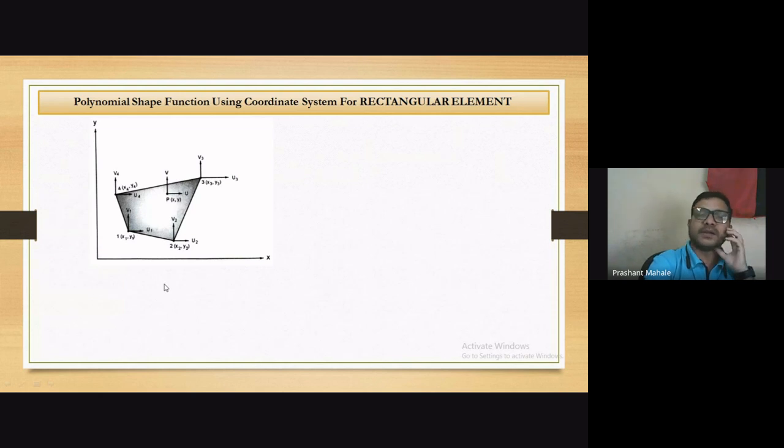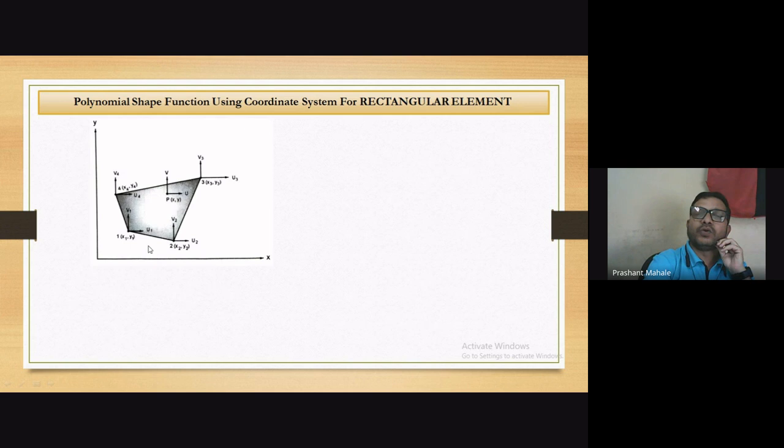Or even you can say it as a local coordinate system also if it is for this element only. So there are four corners that we have, and all that four corners are actually representing the nodes. Therefore, there will be four nodes: node 1, node 2, node 3, and node 4.